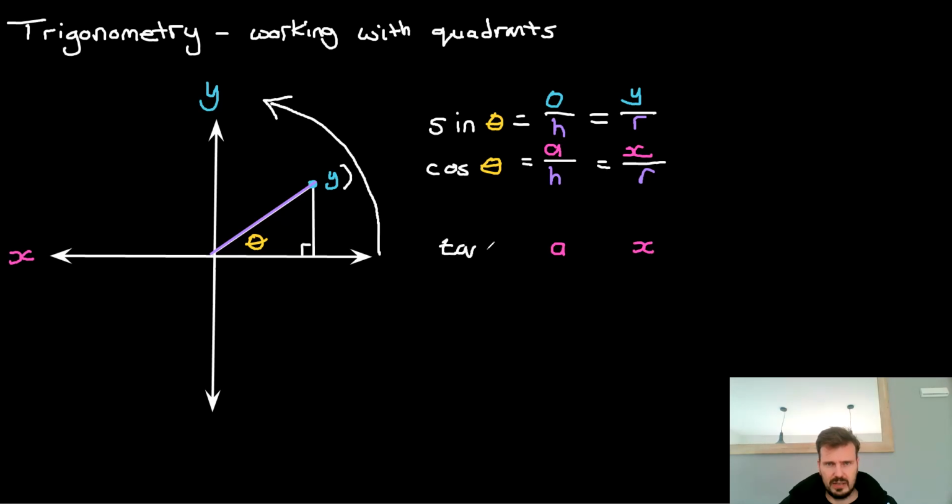And then your tan theta is your opposite over adjacent, or y over x. So that's how this triangle that we remember works, where your opposite is now y and your adjacent is x. And this will help us to figure out what is positive where.